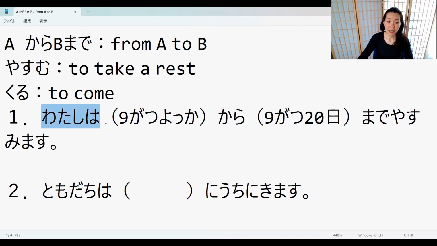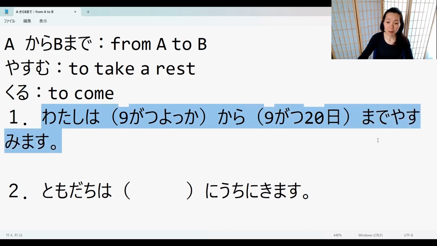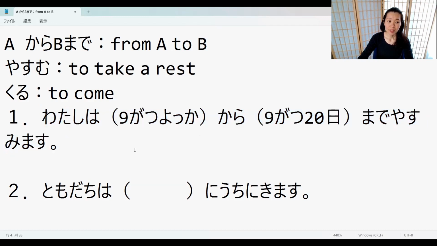Repeat after me. 私は9月4日から9月20日まで休みます。Which means I'm going to take a rest or take a holiday. From the 4th of September until the 20th of September.